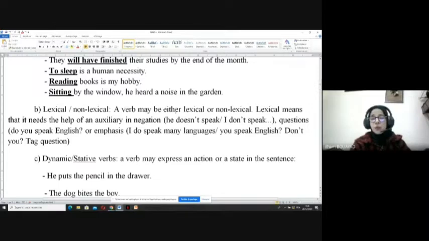That's it. So here, to be is non-lexical. It doesn't need any other element or any other auxiliary to help. Or I can say, I'm not a teacher. You aren't a student. Aren't you a student? So you see here, I don't need any auxiliary to help to be. So to be is non-lexical. Modals are also non-lexical.